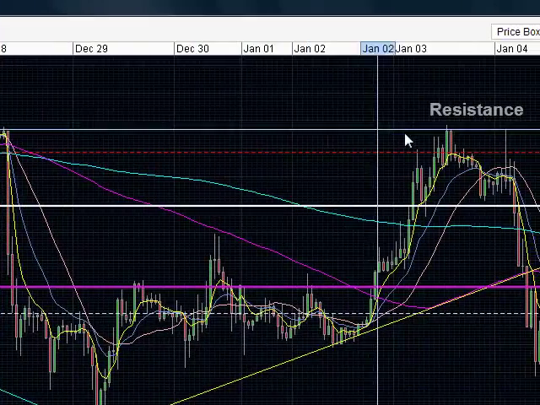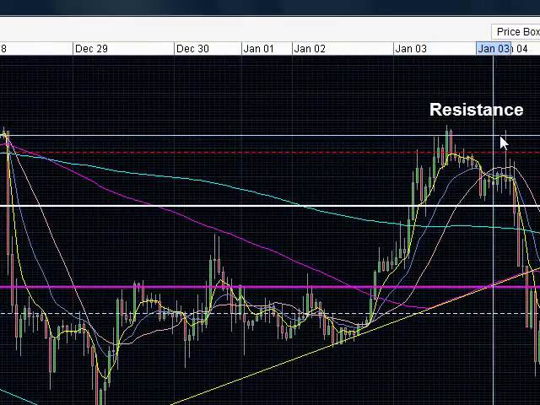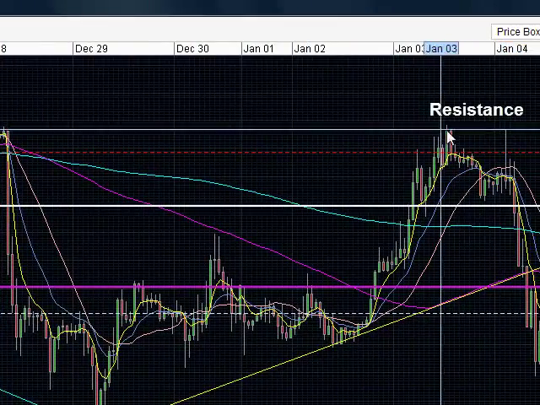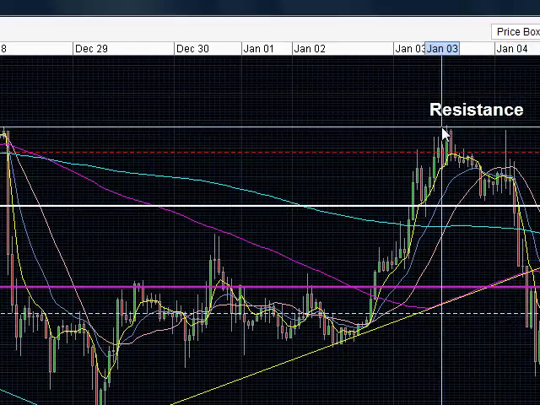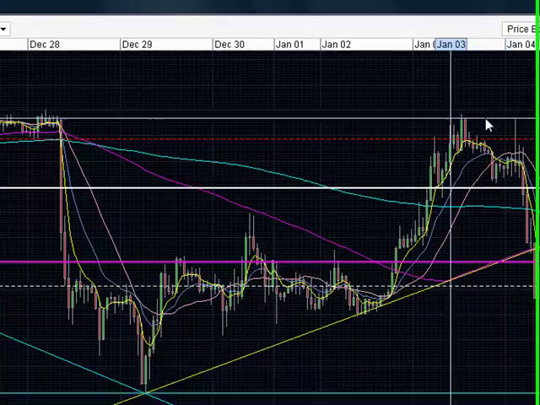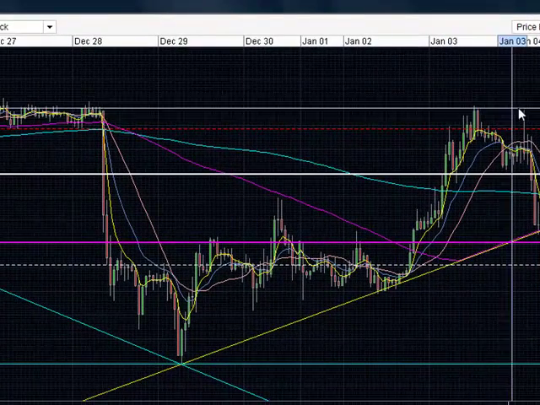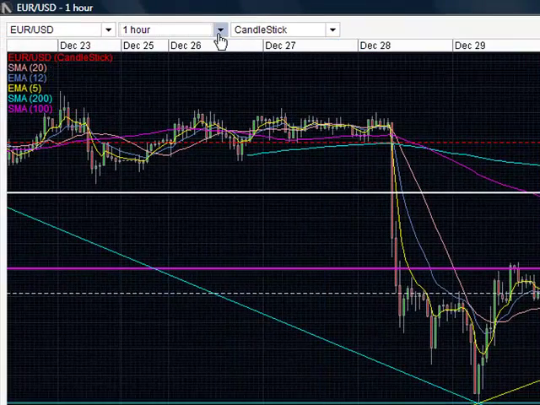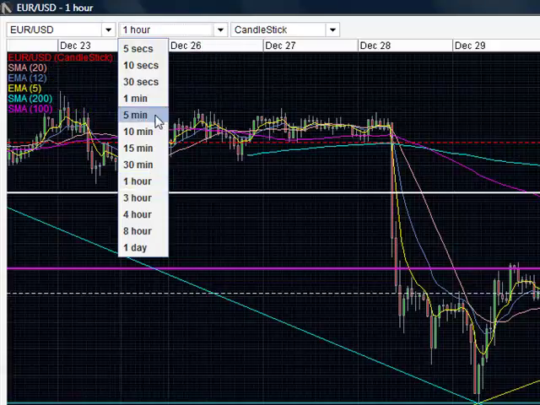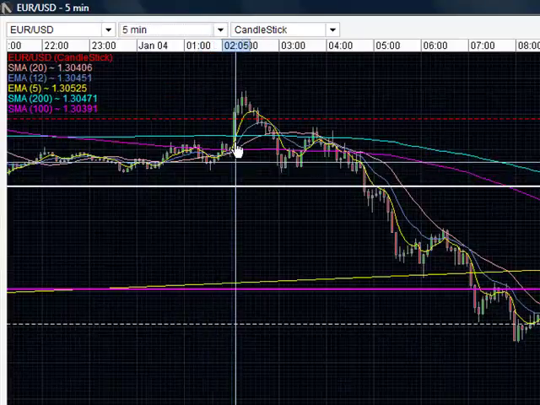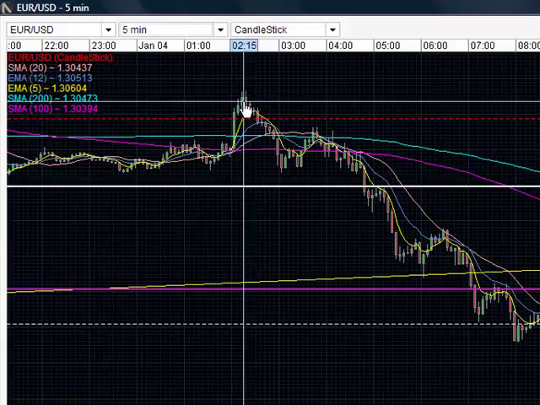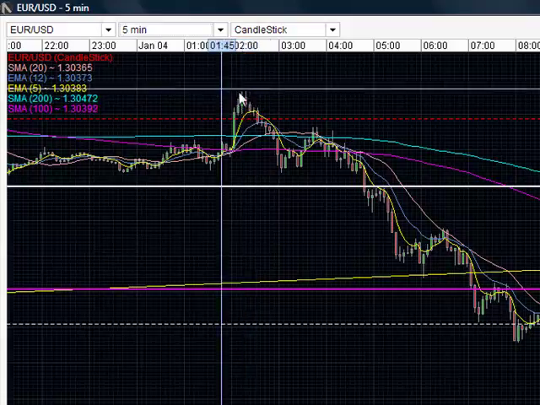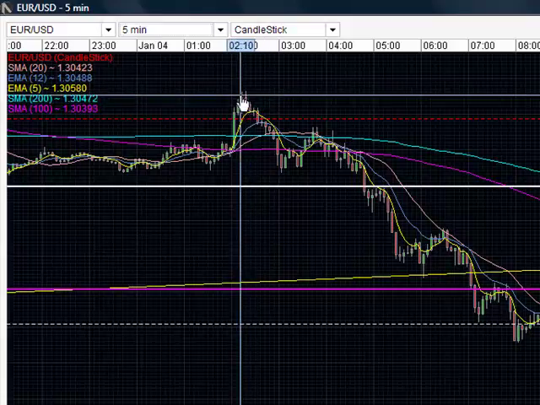So, coming to today, this would have been a good place to go short because we would have known that there were a lot of sell orders positioned at this resistance at 3072, or the 3070 zone. But let me go to my 5-minute chart. At this time, it was right around the London opening or the London trading session.